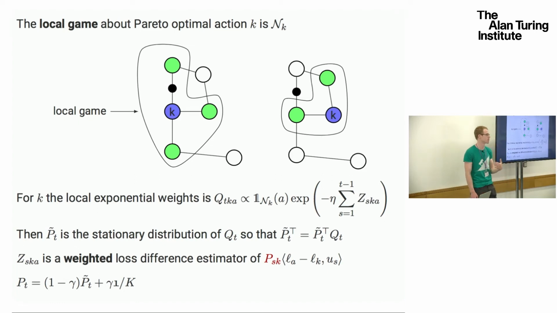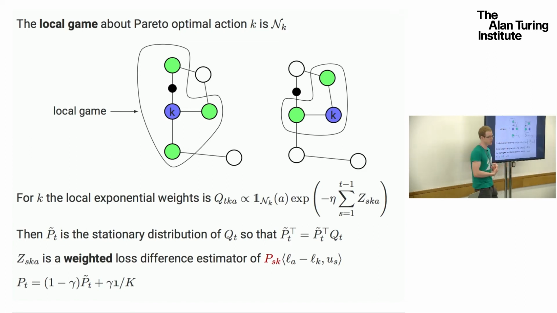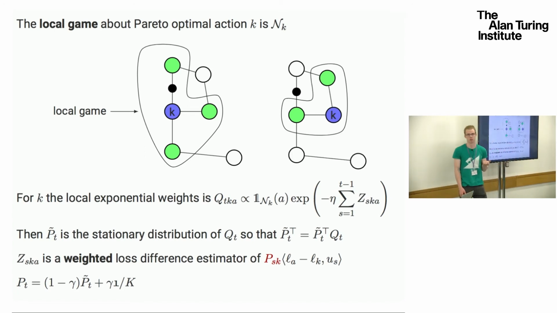But it's this weighted loss estimator. And then the big trick is we have to combine these exponential weights distributions together in some way. And we're going to do that by choosing PT as being the stationary distribution of this matrix QT, right? So QT is actually, I guess, a right stochastic matrix. And so we can define a stationary distribution with respect to that.